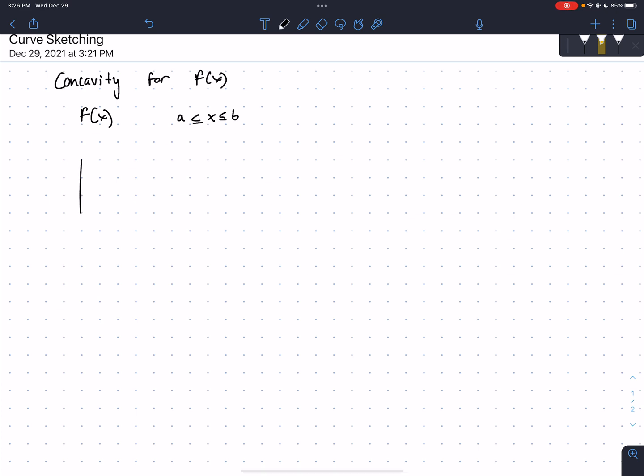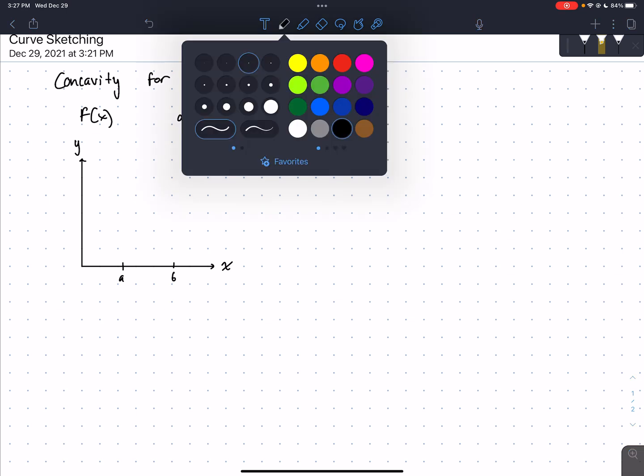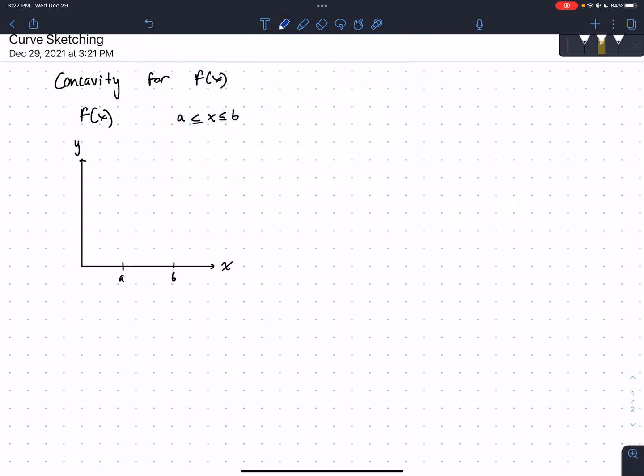Let's say we have an axis here, this is the x-axis, this is the y-axis, and let's say we have a point here, that's A, and a point here, that's B, and a graph that's going from here to here.